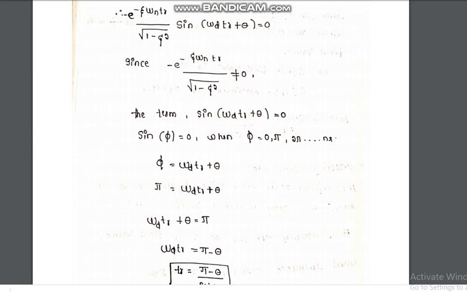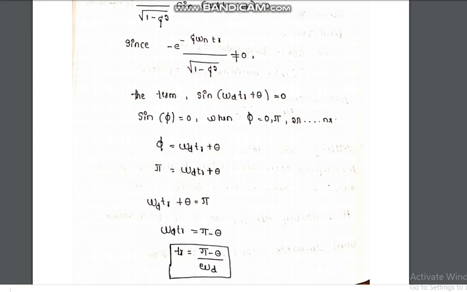Here phi is equal to omega d TR plus theta, so I will take phi equal to pi, where the value is 0. So pi is equal to omega d TR plus theta. Rearranging, because we want the value of TR, we get TR is equal to pi minus theta divided by omega d.